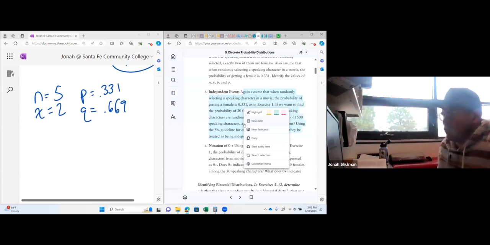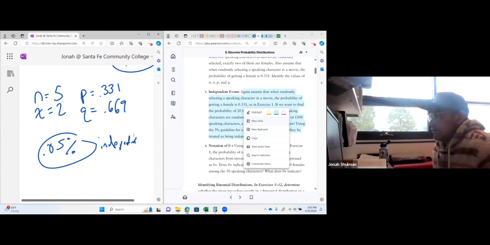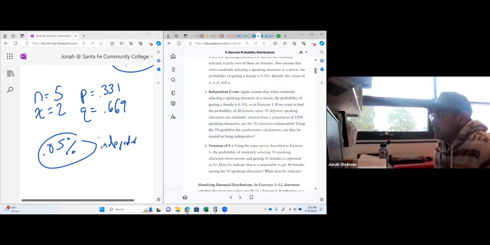We just have to be greater than this 0.05 for it to be independent, right? So let's do the math and see what we get. So now we want to find the probability of 20 females when 50 speaking characters are randomly selected.